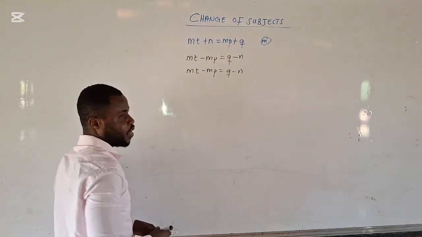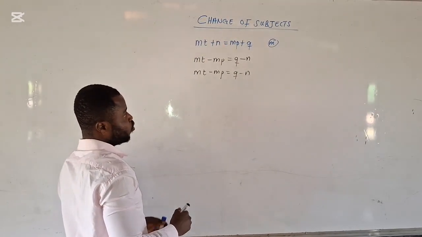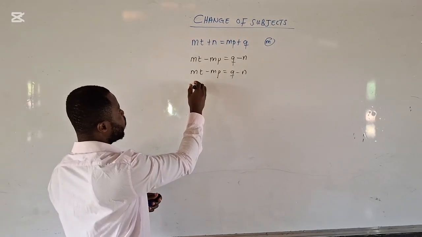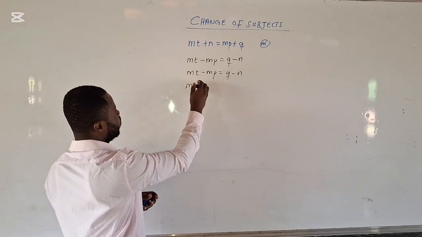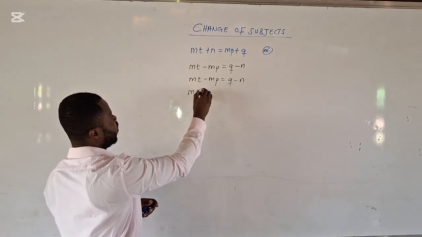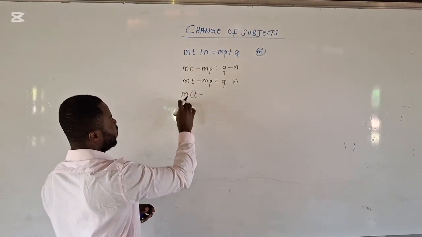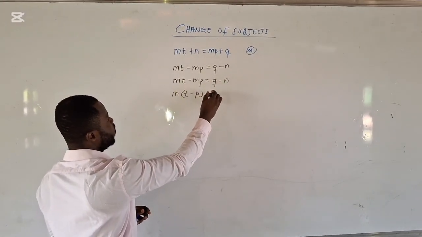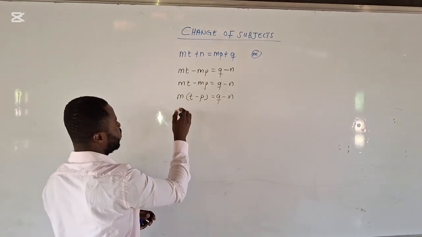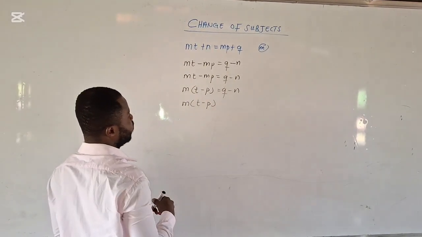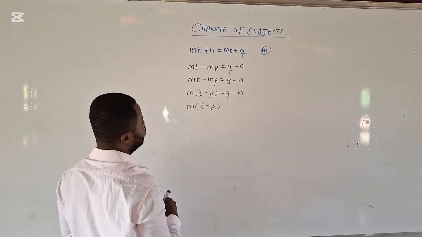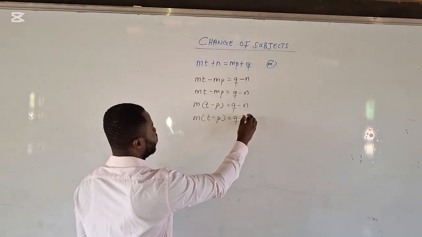We are making m the subject in this expression. So what we have to do is factorize the m out. So m out, now m cancels here will be t, then m cancels here will be p, is equal to q minus n. Now we have m multiplying the bracket t minus p equal to q minus n.